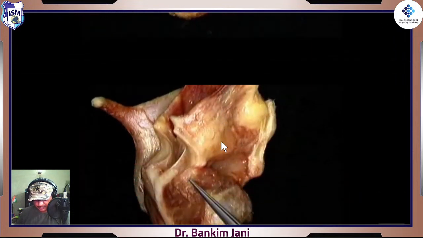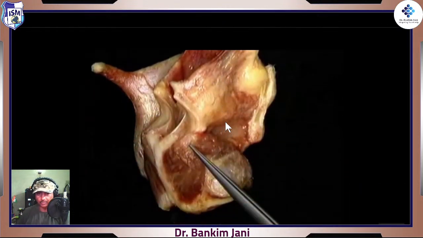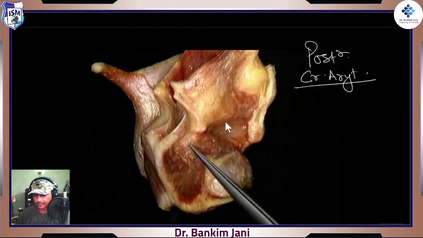So let's see what these muscles do one by one. First, we are dealing with the posterior cricoarytenoid. That means we are dealing with this muscle.